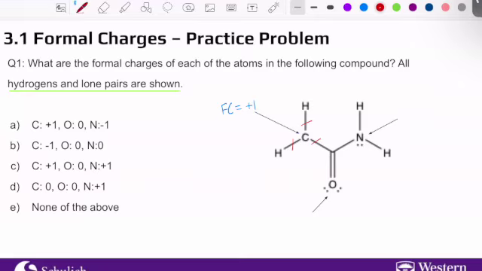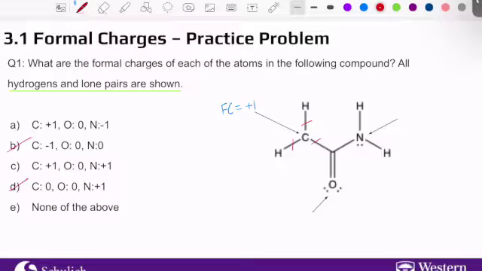From here, we can then rule out 2 options already. We know that carbon doesn't have a -1 charge, and it doesn't have a neutral charge. So it's either going to be A, C, or E.